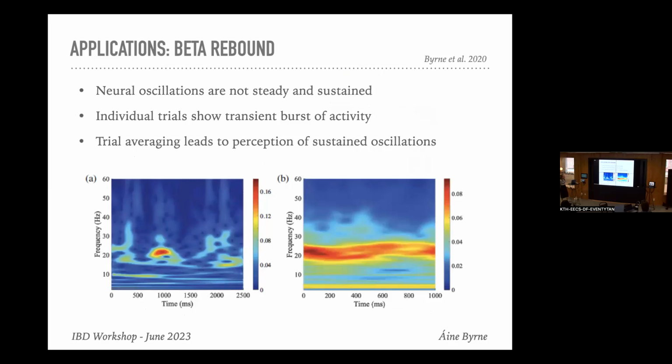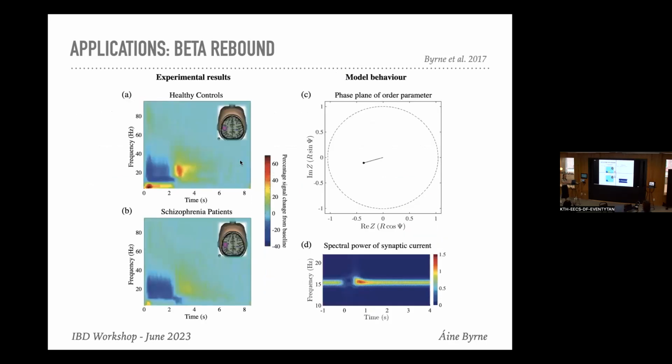Another important thing that we were looking at, this should say beta burst, not beta rebound, on the title, is something that I only became aware of in maybe the last 5 years: neural oscillations are not steady and sustained. When you see a spectrogram like this, it's trial averaged.